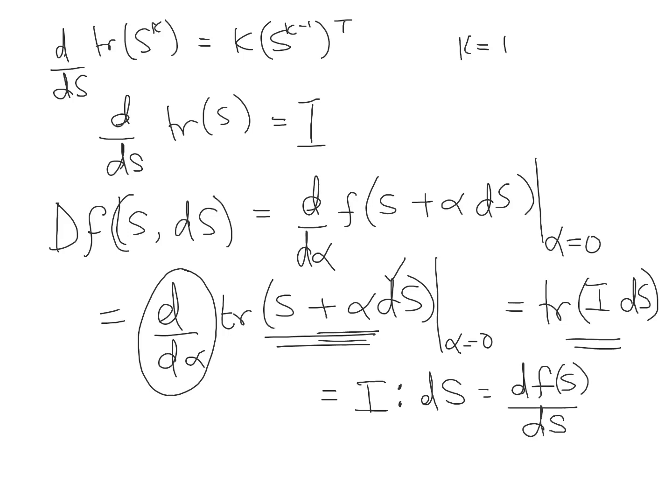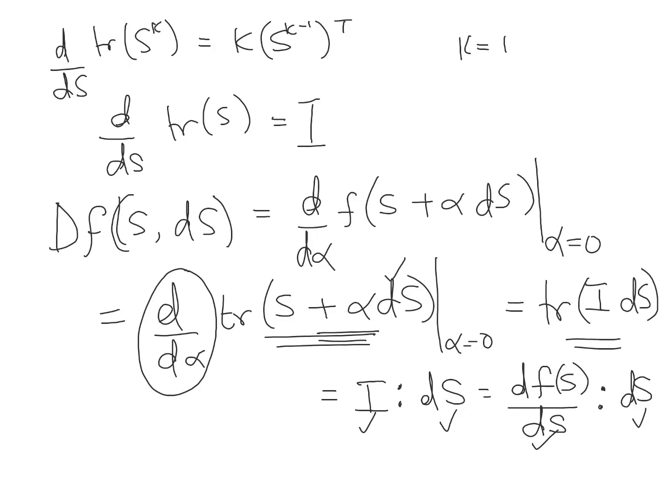This has also been proved somewhere in the notes. So you see that this identity tensor is this. Your dS is still your dS.